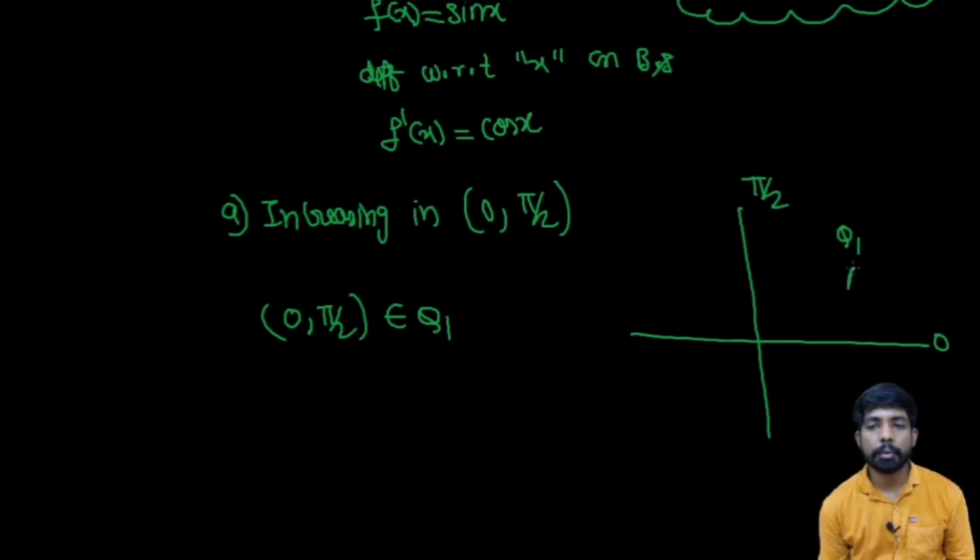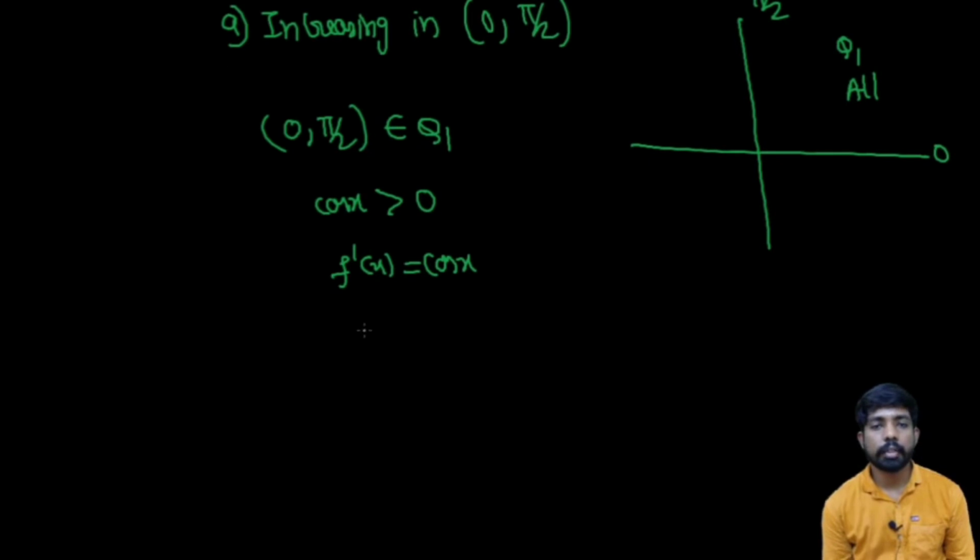In the first quadrant all ratios are positive, so cos x is greater than 0 in quadrant 1. Here f dash of x is equal to cos x, which is positive in the first quadrant, therefore f dash of x is greater than 0 and this is a strictly increasing function.